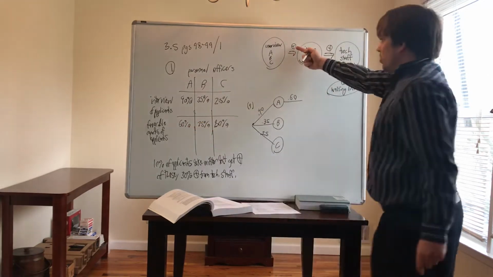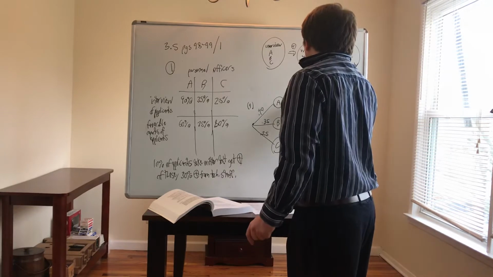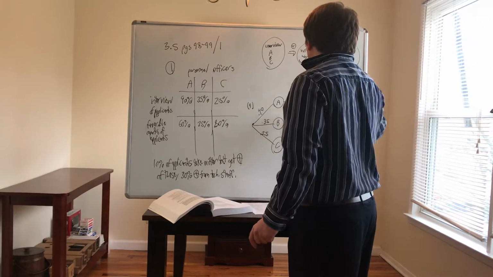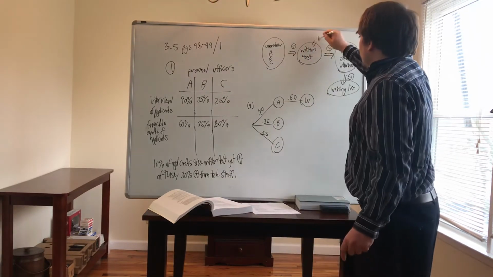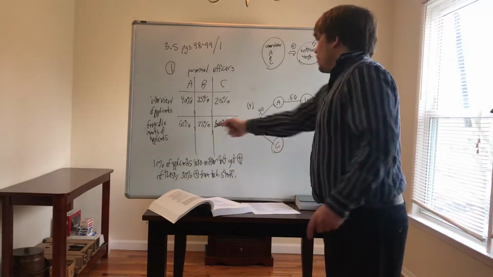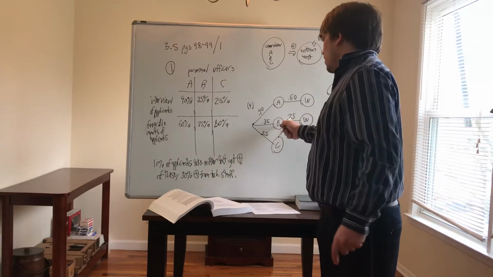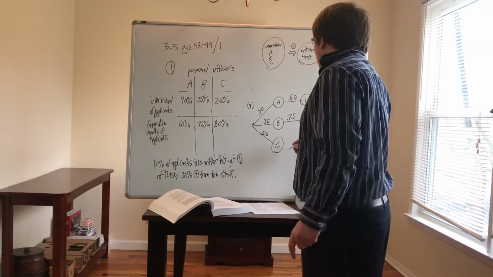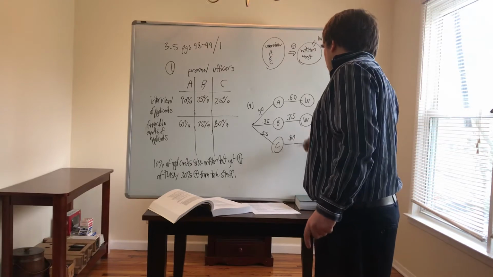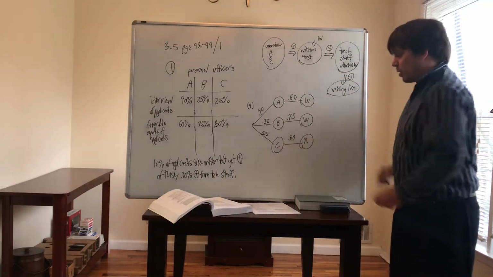Because if you get a favorable interview from A, B, or C, you then go to the written test. And now the written test I'm going to put by a W. The W is the written test. And now, there's a 75% chance, 0.75 chance, that it's positive for an applicant from B. And then there's a 0.80 chance that the interview is positive from C, which brings you to the written test here.